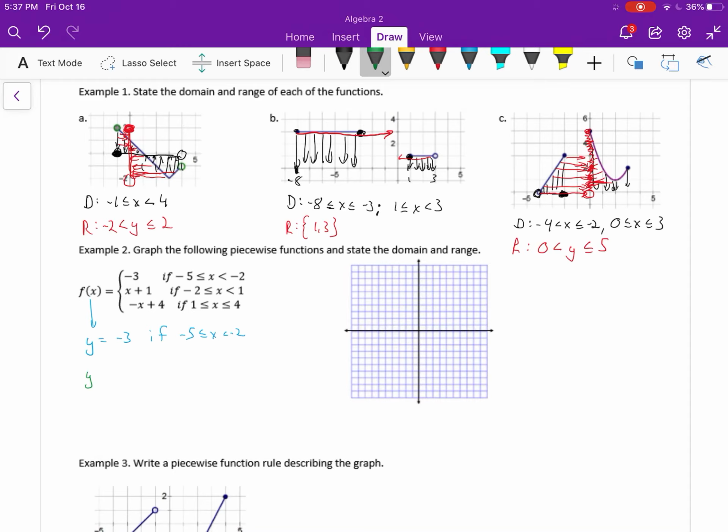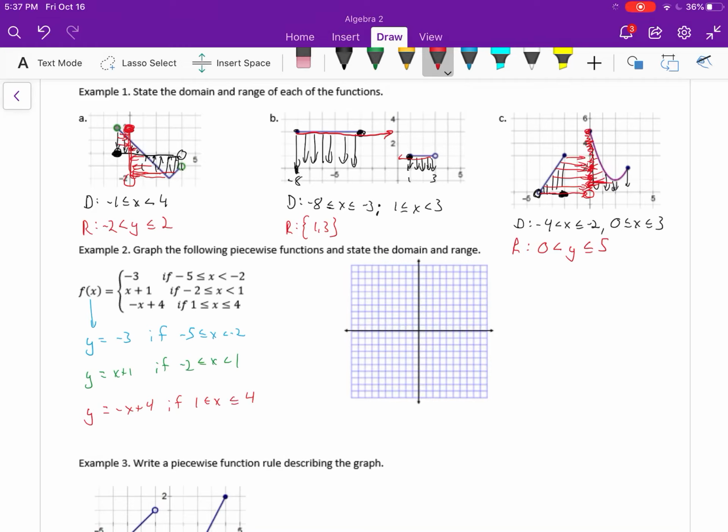Our next part will be y equals x plus 1 if -2 is less than or equal to x, which is less than 1. And our third part we'll do in red, and that's going to be y equals -x plus 4. And that's if 1 is less than or equal to x, which is less than or equal to 4.